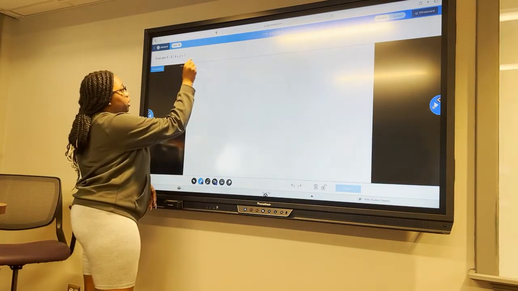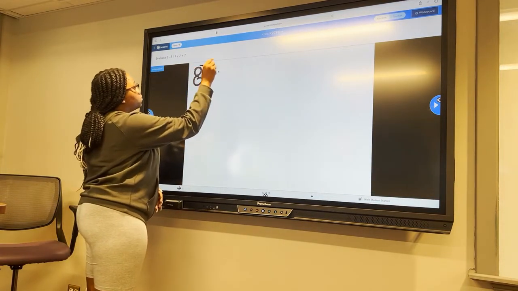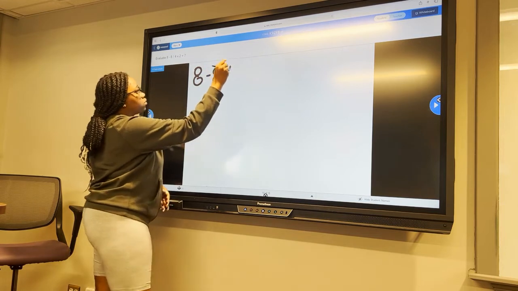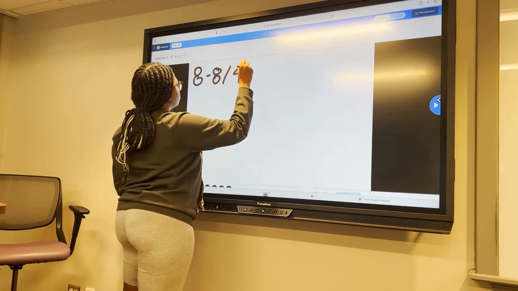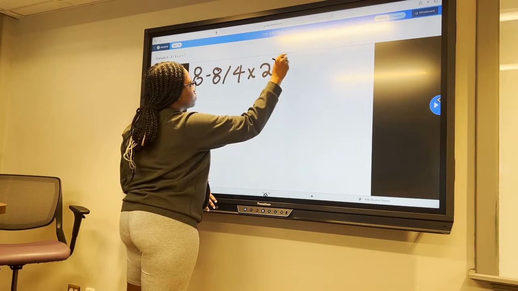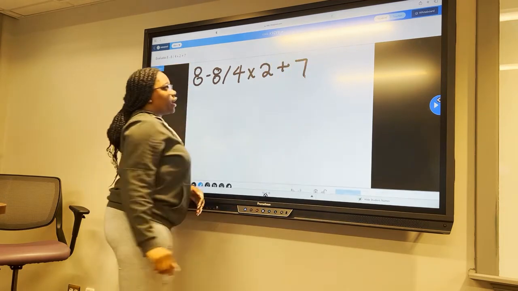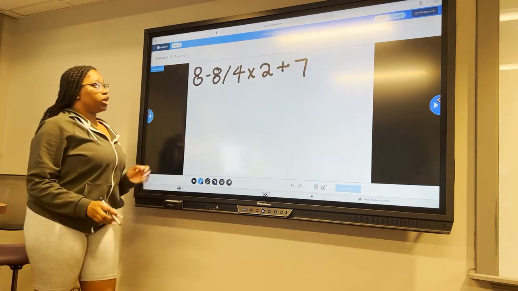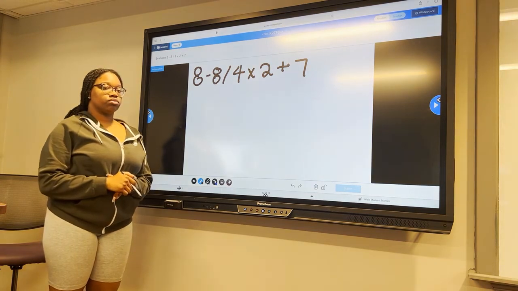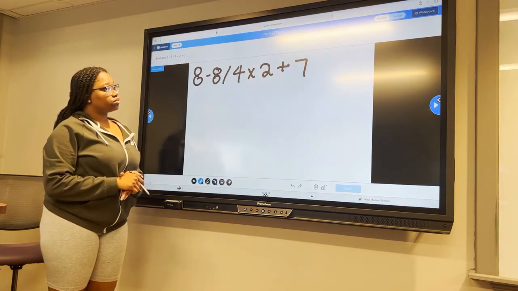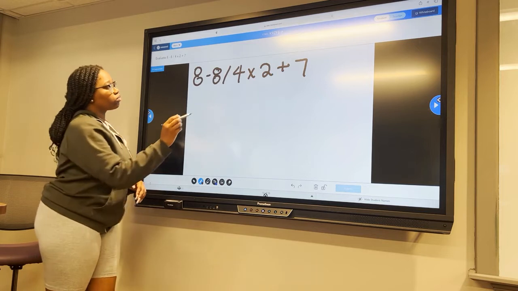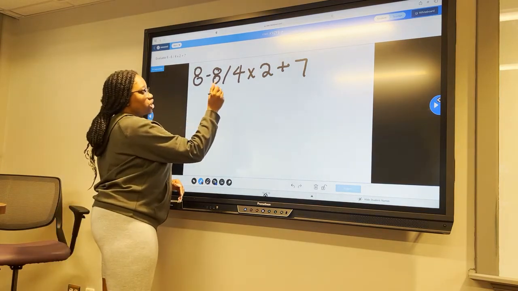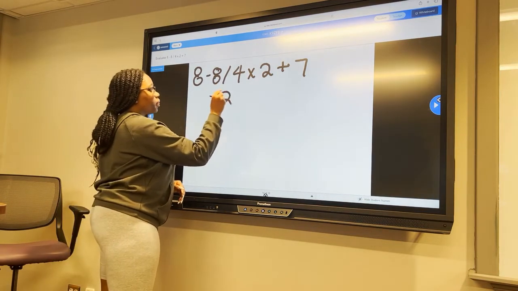Our next equation, how would we first solve this equation? 8 divided by 4, which is 2.